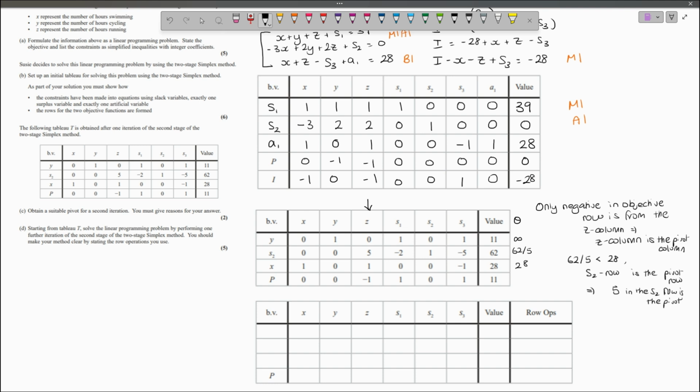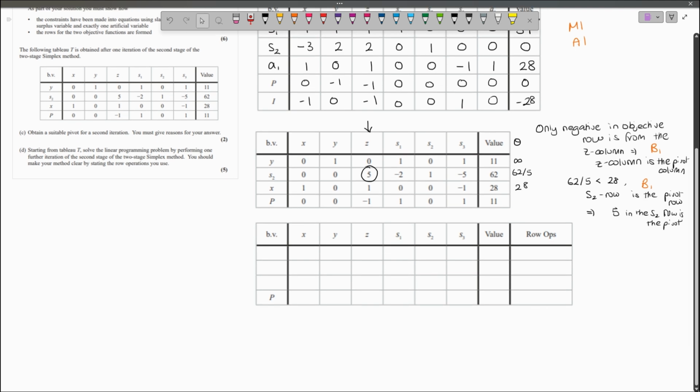So we're pivoting around this 5 right here. So you've got an independent accuracy mark for identifying the pivot column and an independent accuracy mark for identifying the pivot using the pivot row.